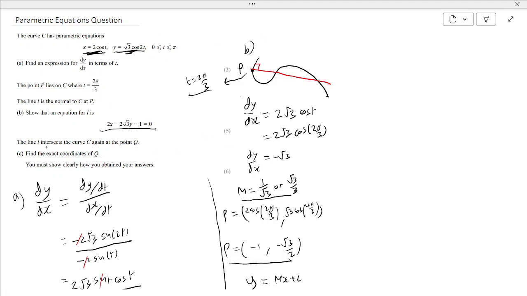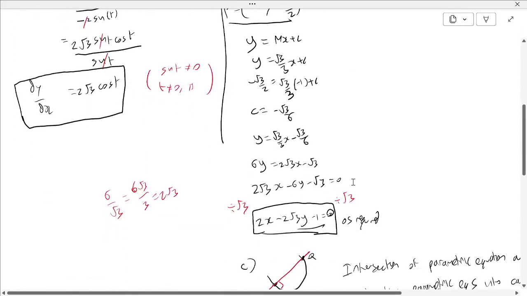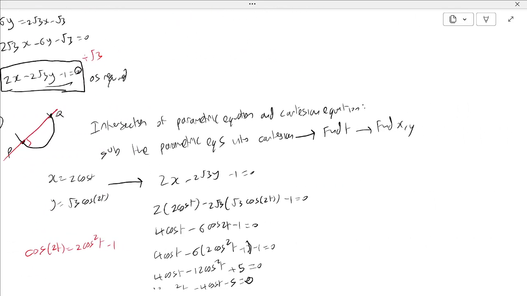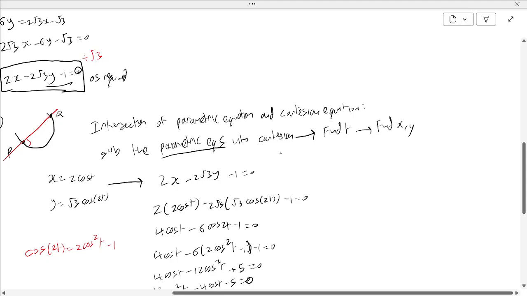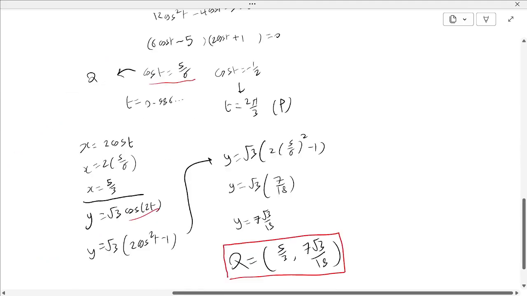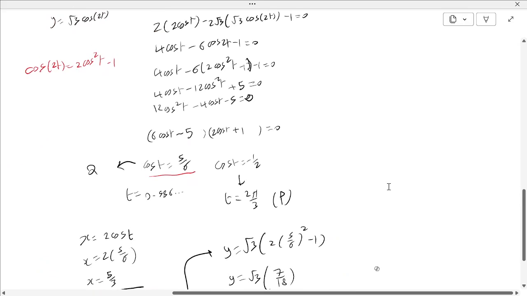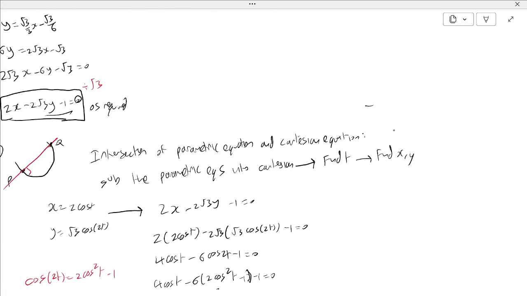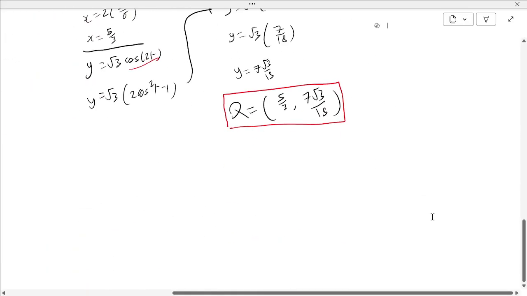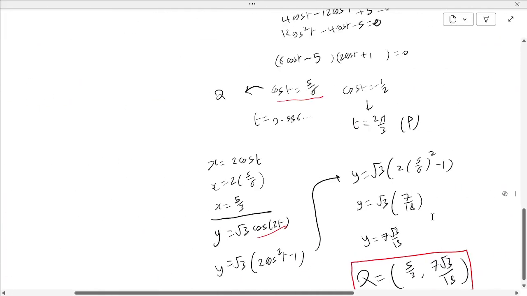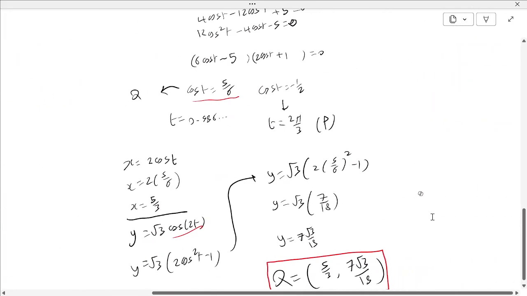And then for the Cartesian line intersecting the parametric curve, we said that you're going to want to substitute your parametric equations, which have a t in them, straight into your Cartesian equation, and that should give you an equation to find t. And then from there, it should all be good. Hopefully that's all good, and let me know any questions.